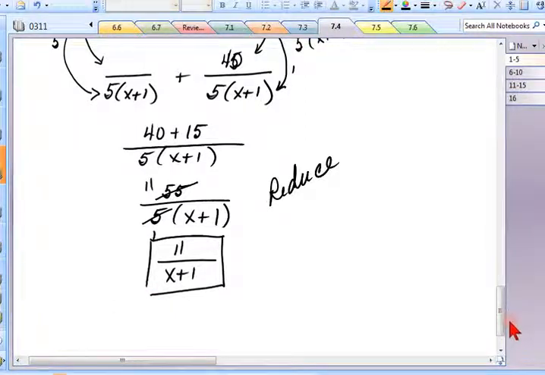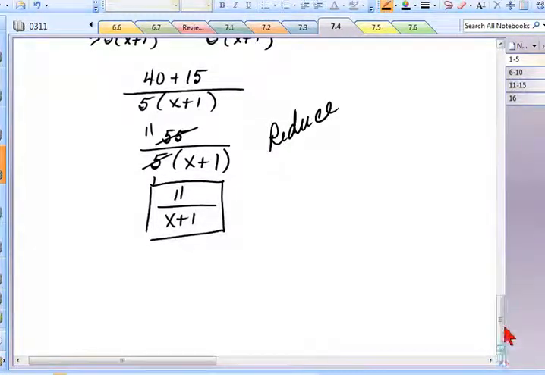So this problem had all the steps, including the reducing. All right, problem number 5.